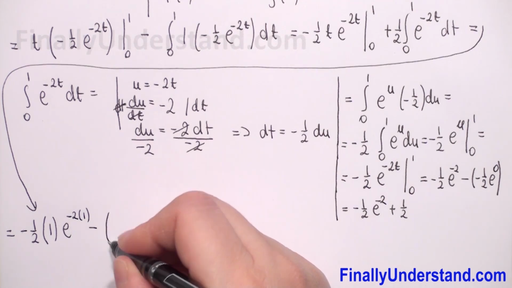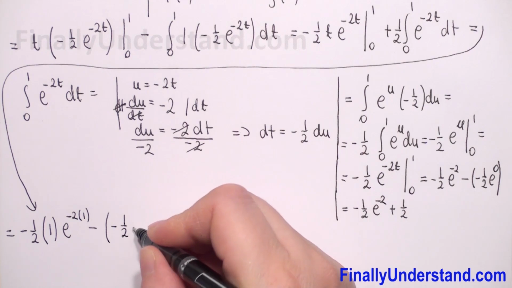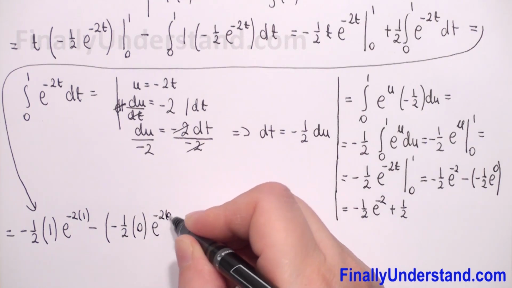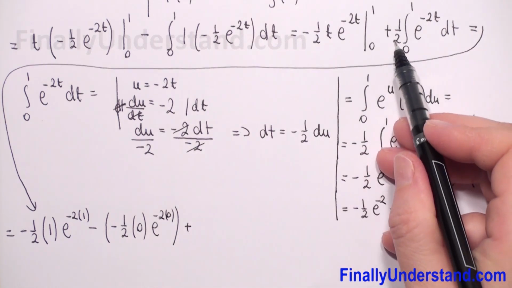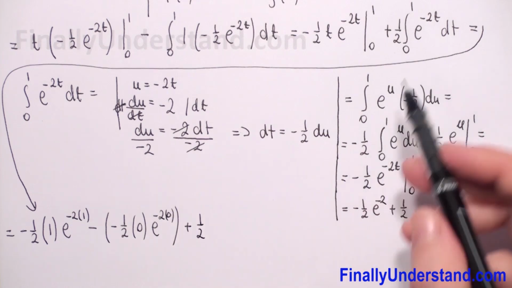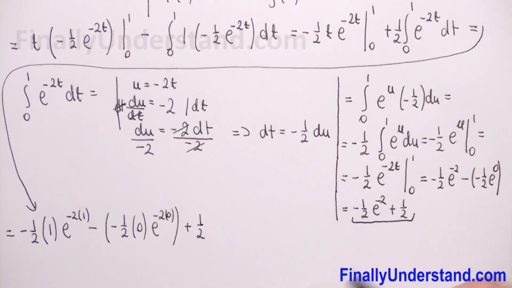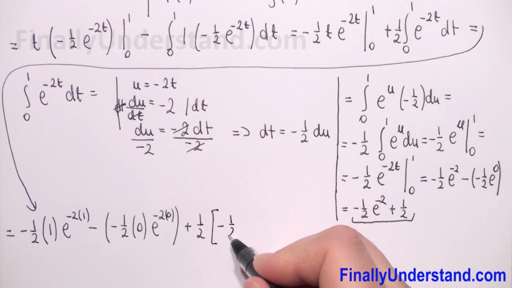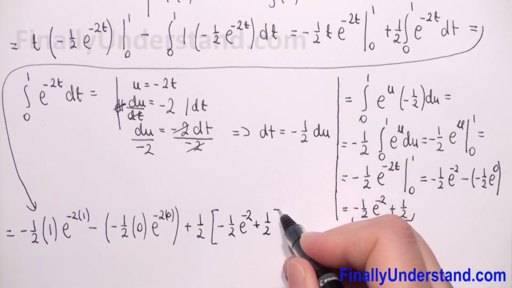I will put in parentheses because we have a negative sign before 1/2, times 0 e to power negative 2 times 0, close parentheses, plus, and we have to copy 1/2. And now, instead of this whole integral, we have to just plug in this value. So I will put this in brackets. We have negative 1/2 e to power negative 2 plus 1/2.